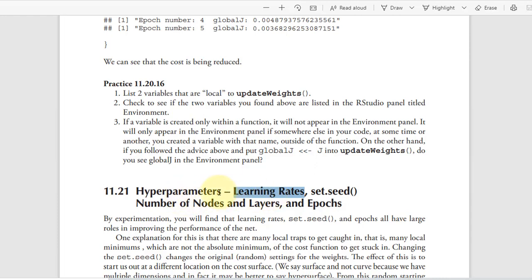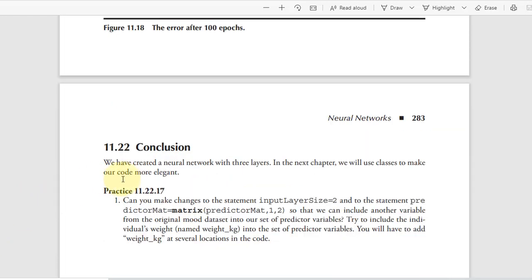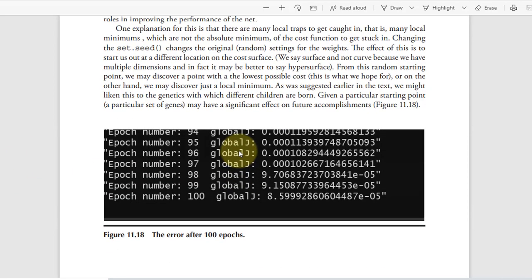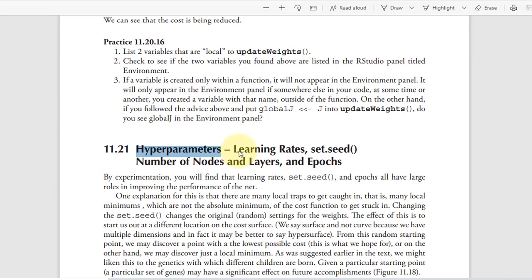Those altogether are called hyperparameters. And so at the end of this chapter, we have created a neural network with 3 layers. And in the next chapter, we're going to use classes from R to make the code more elegant. So we actually create a neural network, we test it out on some real data, and we get some good performance on that real data.